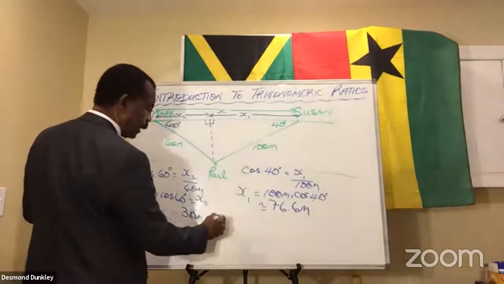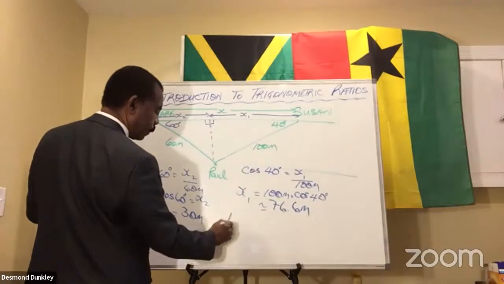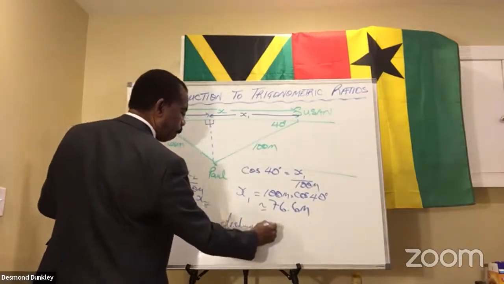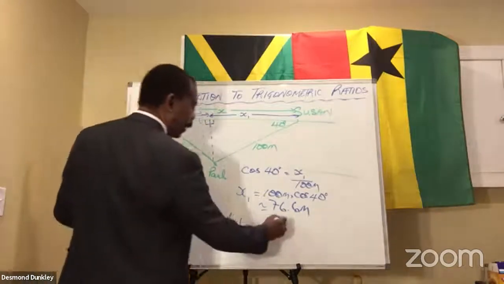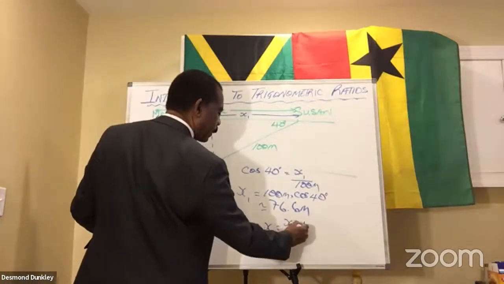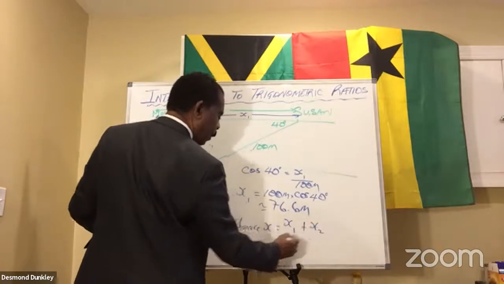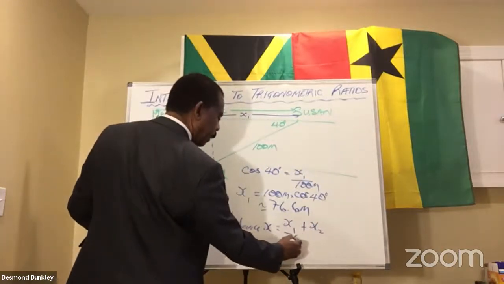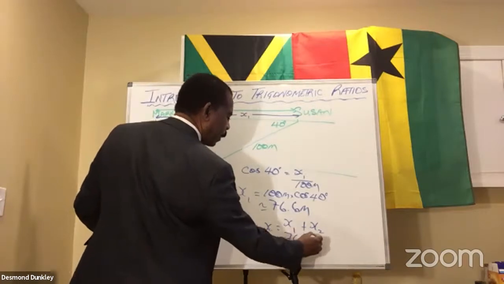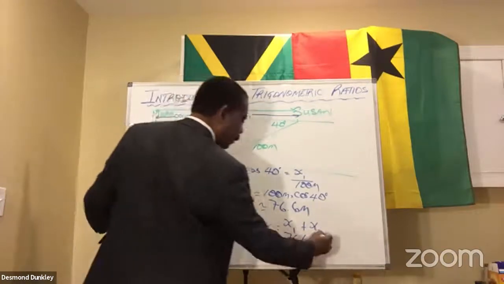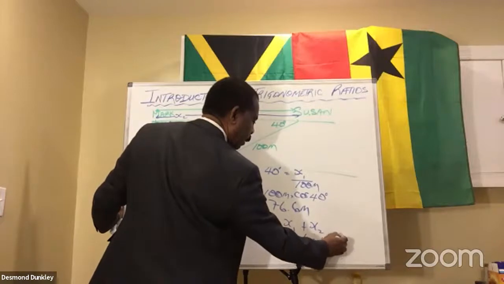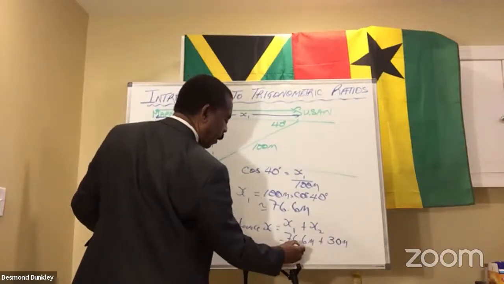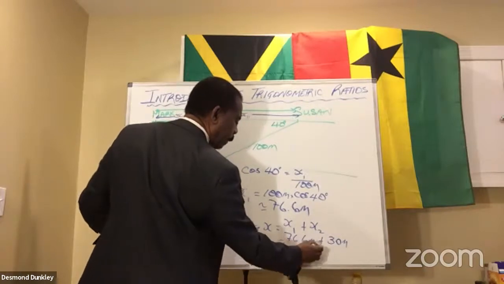So the total distance x is going to be equal to x1 plus x2, equal to 76.6 meters plus 30 meters, and that gives me 106.6 meters.